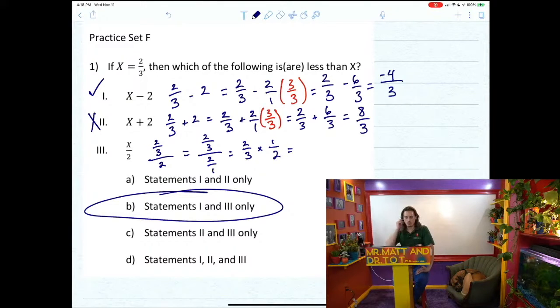So the 2 over 1 is going to turn into a times 1/2. Going numerator times numerator, 2 times 1 is 2, over denominator times denominator, 3 times 2 is 6. And that's going to reduce down into 1/3. 1/3 is definitely less than 2/3. So statement 3 is true as well.